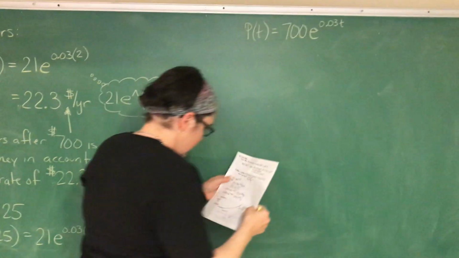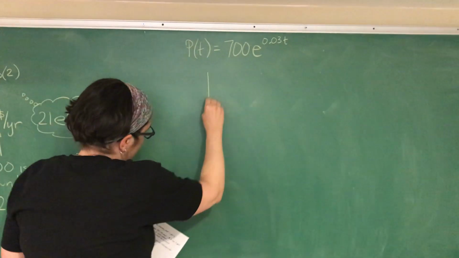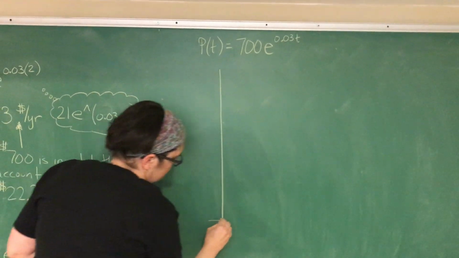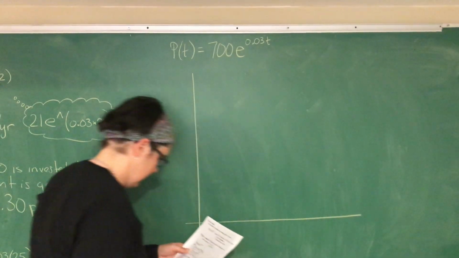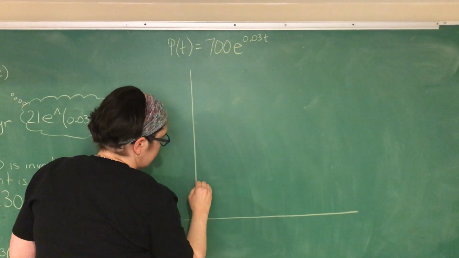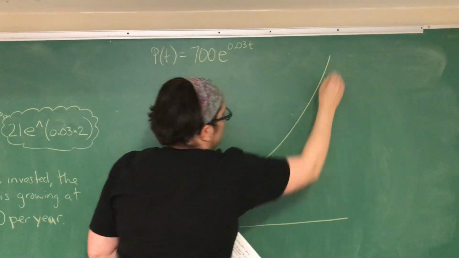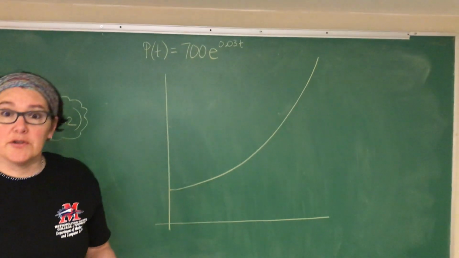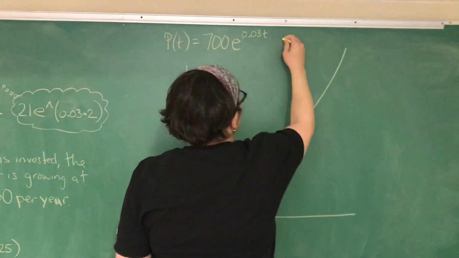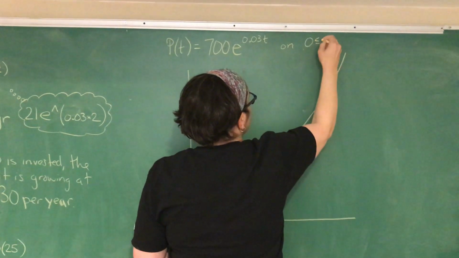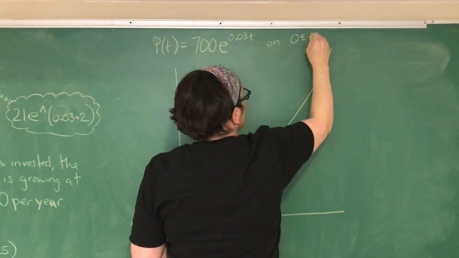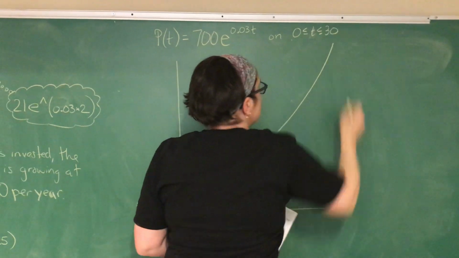I'll draw a picture of what I get when I graph this function. So the graph looks something like this. And maybe if you want to get a similar graph to this, you might graph this function on the interval from 0 to 30.